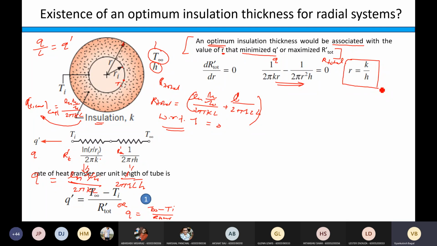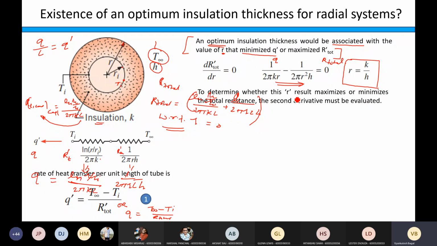It's very simple. I hope you know this. Correct? Why the derivative of this term can be written like this, I hope you know this. Okay, fine. So once you solve this, you will get r is equal to k by h. Now we have to check whether this r will give the optimum thickness or not.